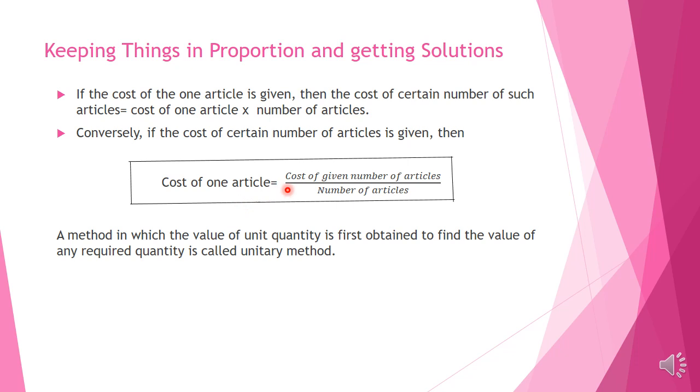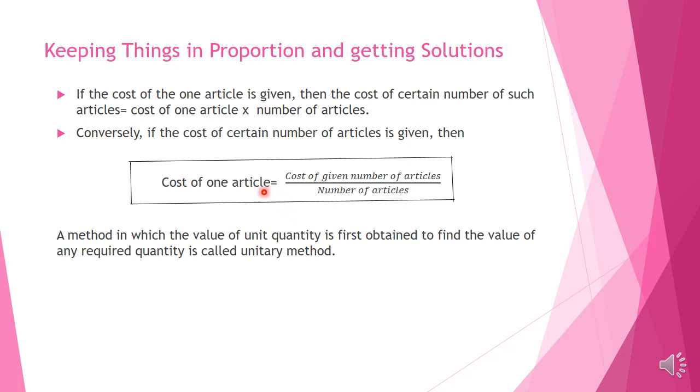So this method of finding the cost of one article is said to be the unitary method. A method in which the value of the unit quantity is first obtained to find the value of any required quantity is called the unitary method. And see here, we have got the cost of one article as 10 rupees. Then we can find the cost of 10 pens. 10 pens equal 10 into 10, 100 rupees.